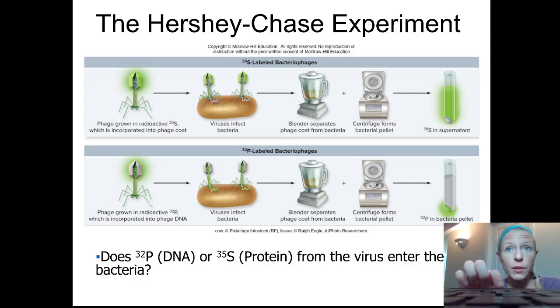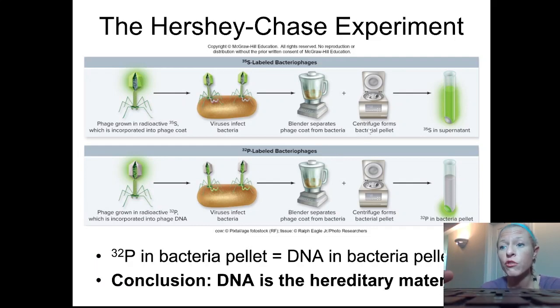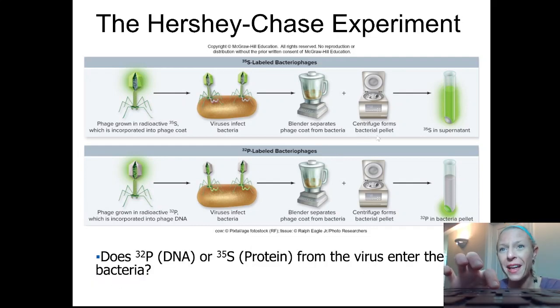They were blended up and separated so that the phage coat would separate from the bacteria, and then they centrifuged the bacterial pellet. And this is what they found: radioactive sulfur 35 was in what's called the supernatant, or the fluid, but not the bacterial pellet. So this little gray thing at the bottom of the tube is the bacterial pellet.